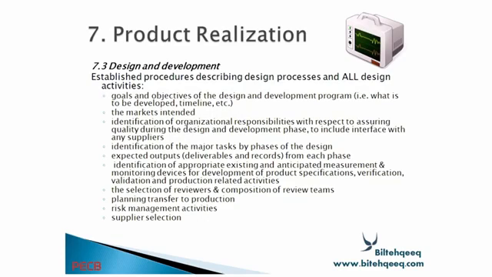Identification of the major task by phase of the design, expected outputs, deliverables, and records from each phase, identification of appropriate existing and anticipated measurements and validation and production-related activities. The selection of the reviewers and composition of review team, planning, transfer to production, risk management activities, supplier selection.